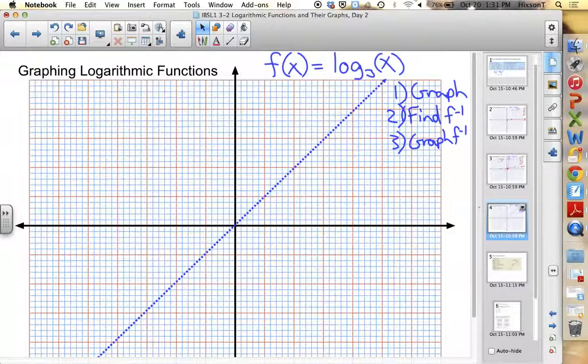No, that's just a log with a base of 3. That's right. Good. Exponential is the same base as the inverse of the logarithm. Okay.